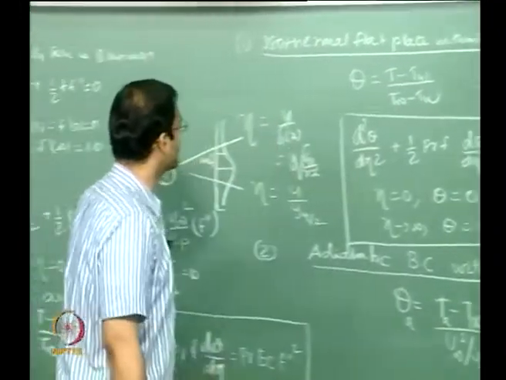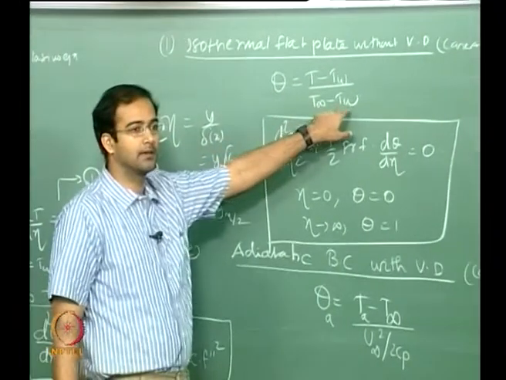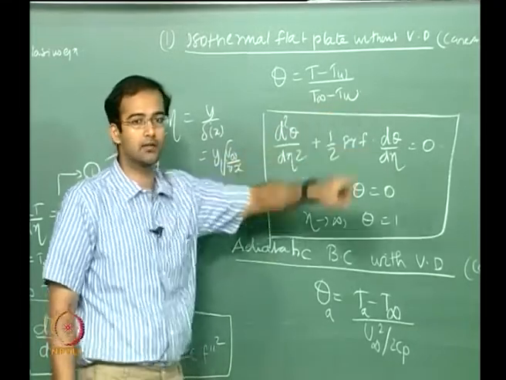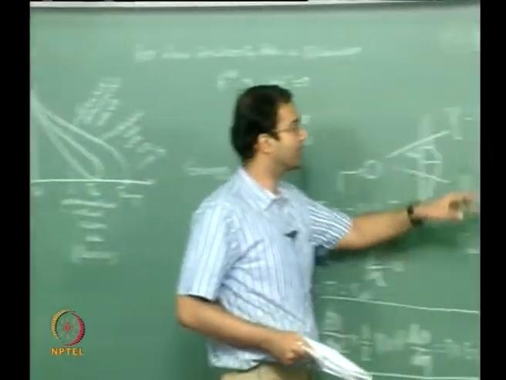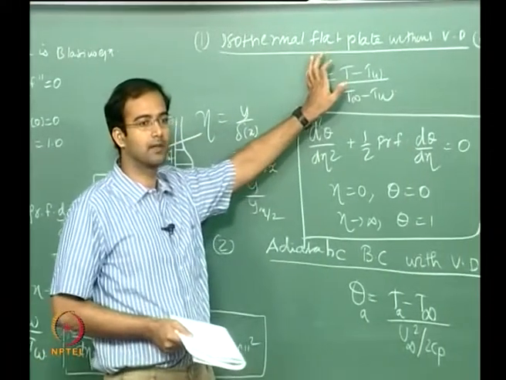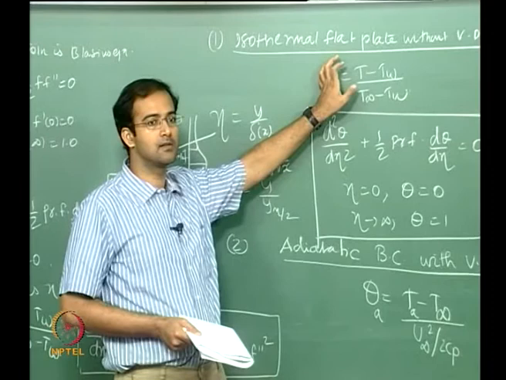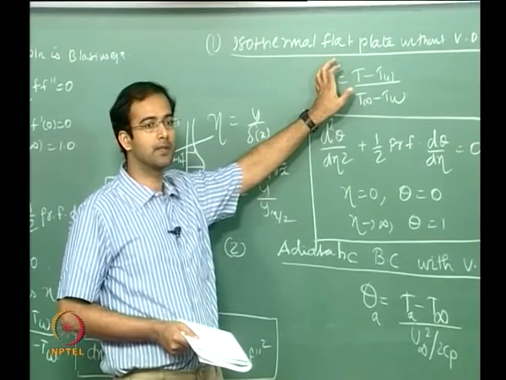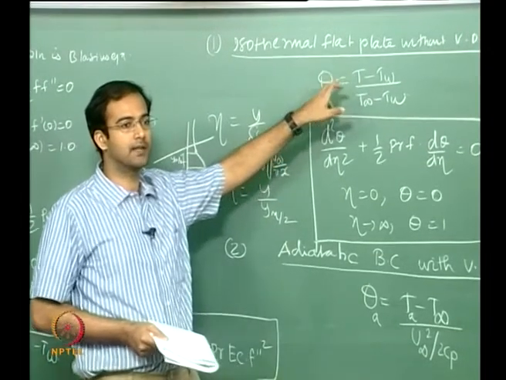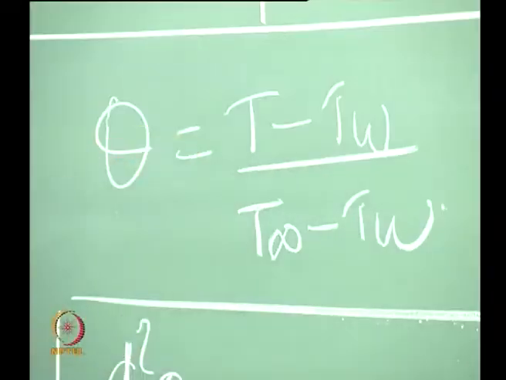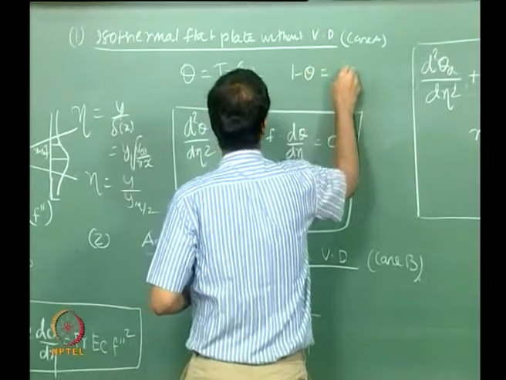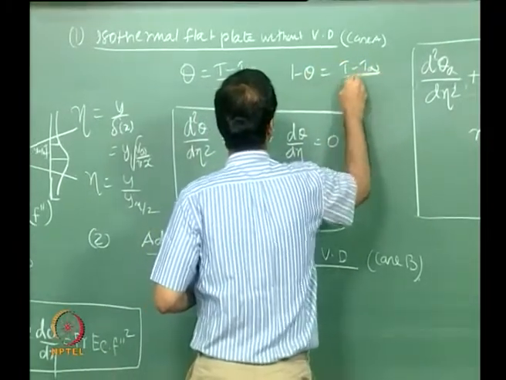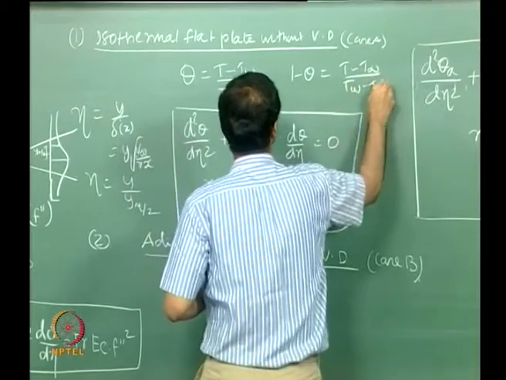Here I have defined theta as T minus T wall by T infinity minus T wall. If I want to get to the form of T minus T infinity, then I will say this is 1 minus theta. 1 minus theta will be T minus T infinity by T wall minus T infinity, is that right?